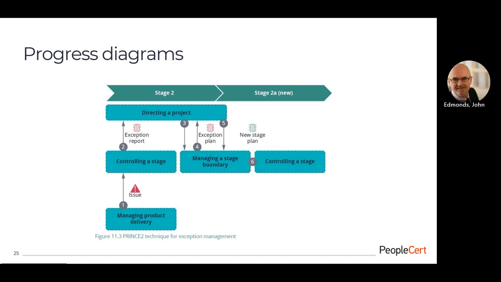And so you've got the process names in here, you've got the management products, and then you've got a description of what is happening. So this hopefully will lead to a firmer and a stronger understanding of the whole principle of management by exception.